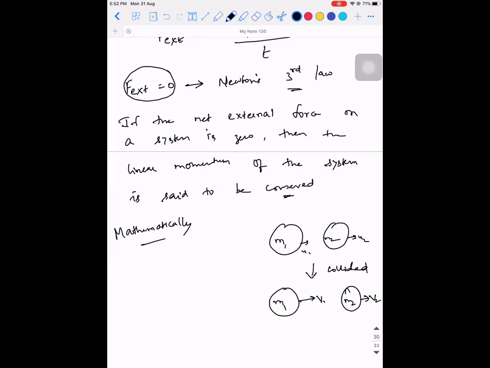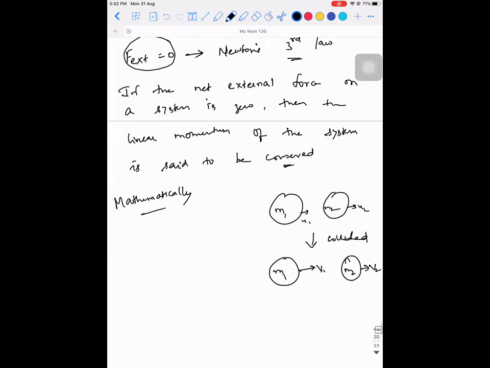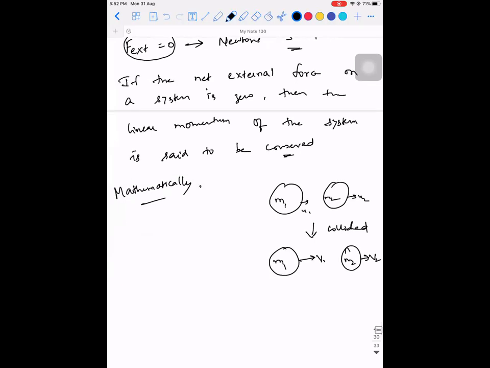If you guys remember, in your 9th standard there would have been a derivation also based on this. Then mathematically it is written like this: m1 u1 plus m2 u2 is equal to m1 v1 plus m2 v2, provided F external is 0.